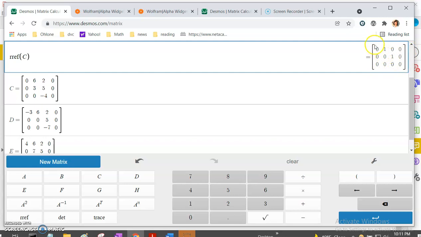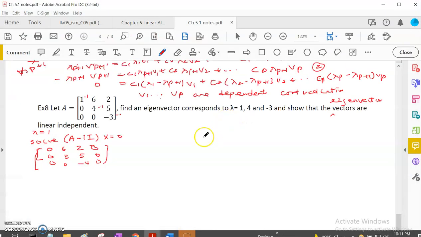So x1 is the free variable. So that would equal 0, 1, 0, 0, 0, 0, 1, 0, 0, 0, 0, 0. The pivot position is this and this. So x1 is free, right?